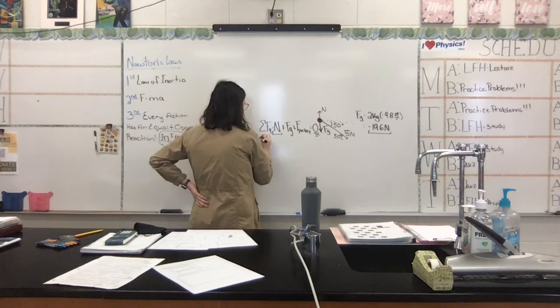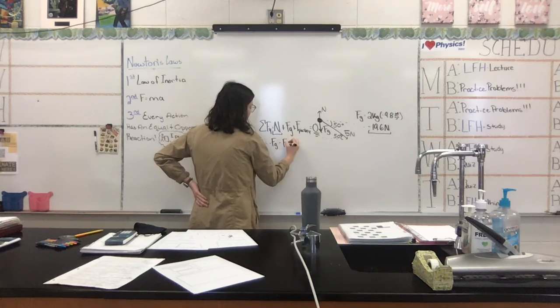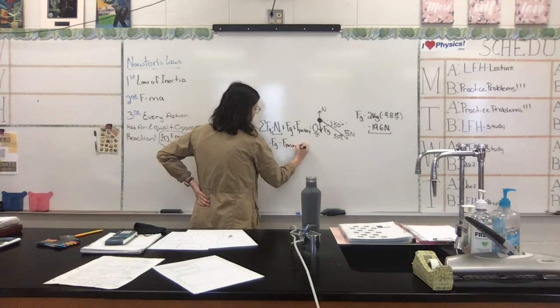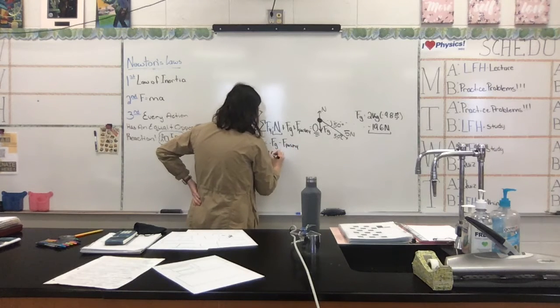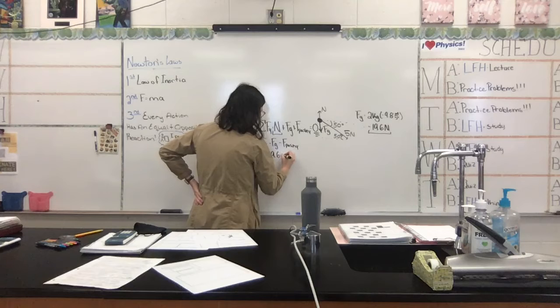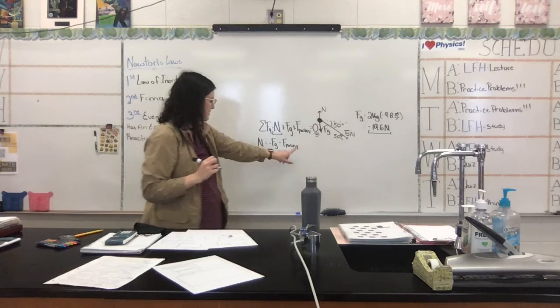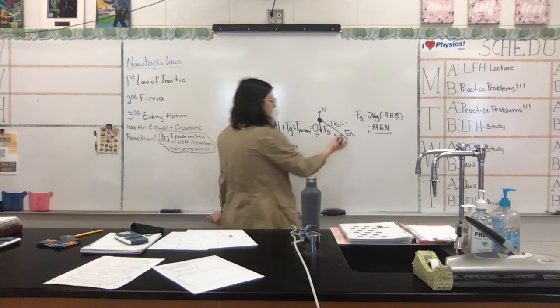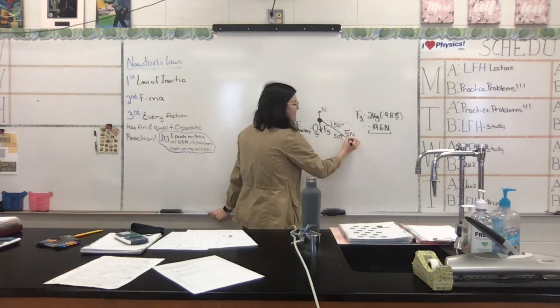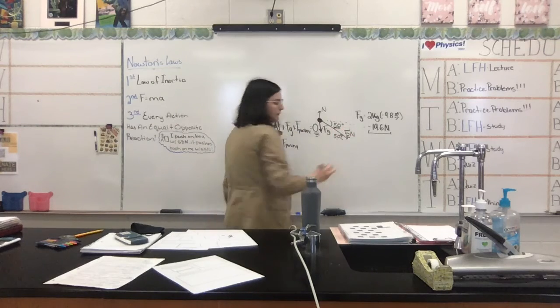So to get the normal alone, once again, we're going to subtract the force of gravity and the force of that push in the y direction from both sides, which means we'll end up with 19.6 plus our force of the push in the y, which would be 5 sine of 50.